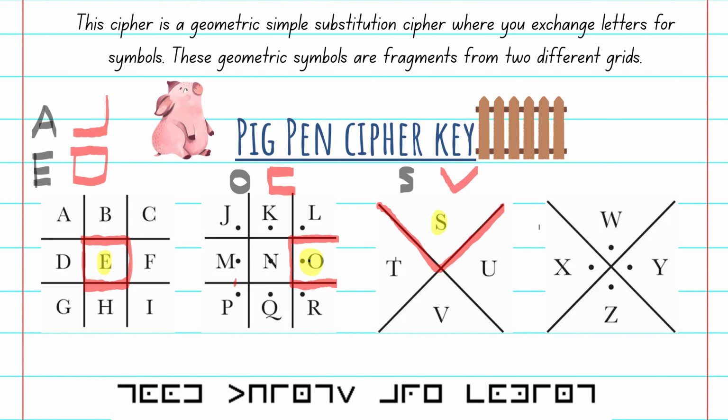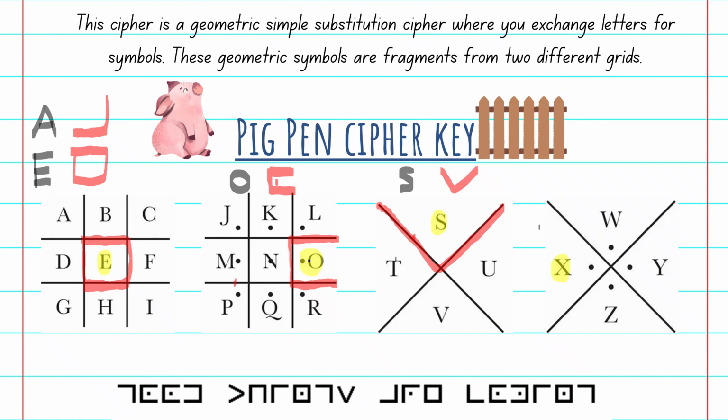And for the next one, let's try X. Now, I actually made a mistake back here. For the letter O, it's the second tic-tac-toe grid, which you need a dot. So the dot would go right about there. Sorry about that.